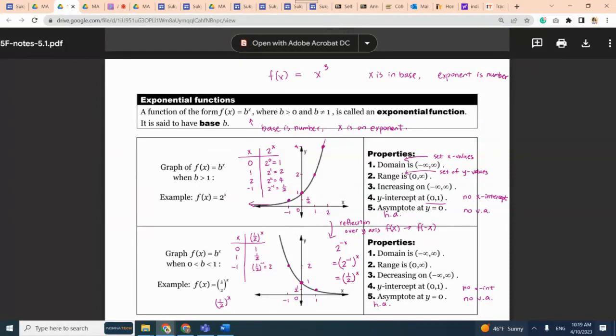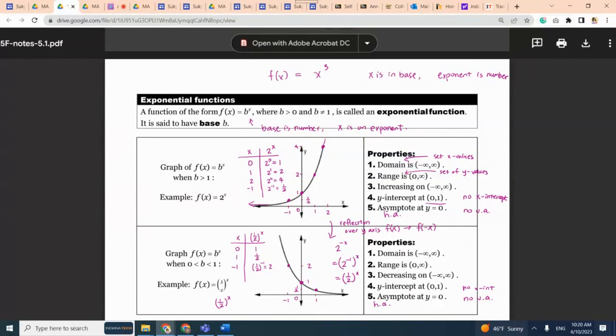So those polynomials, our base is x, and then our exponent is numbers. But exponential function is a function of the form of b to the x, where the base is a number. So you see b is constant, and x is on the exponent.